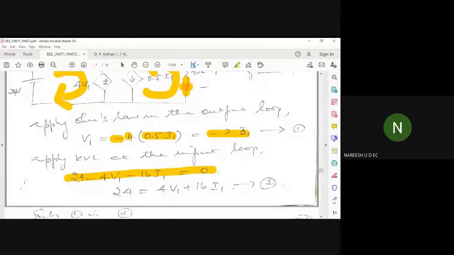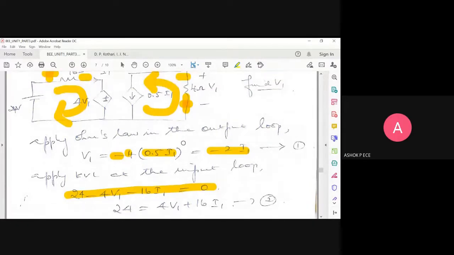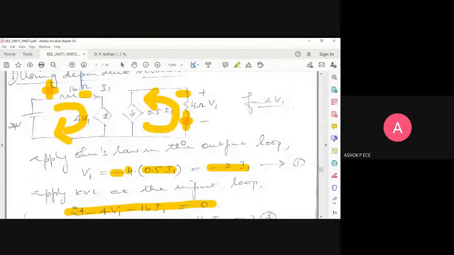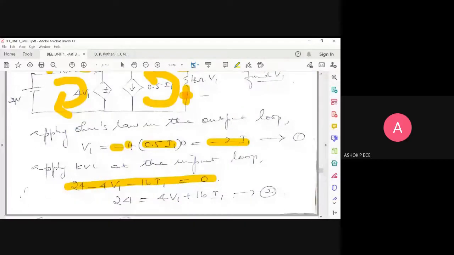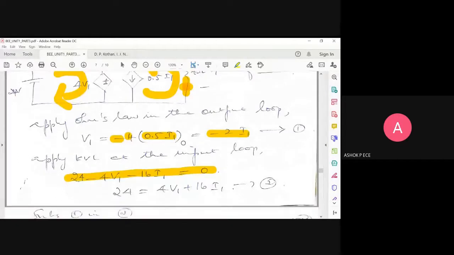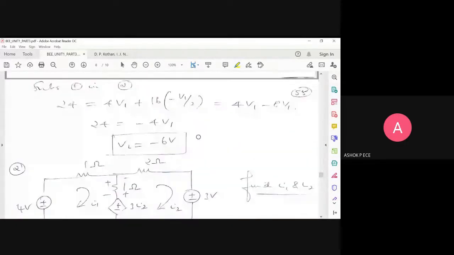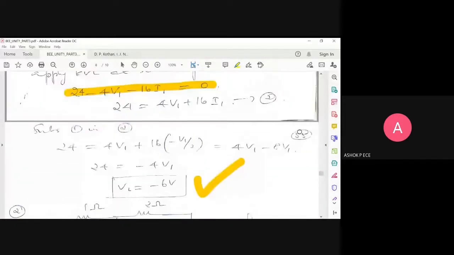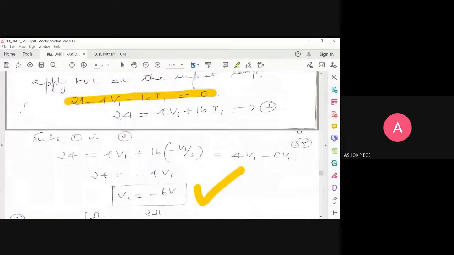Sir, I1 is 3 amperes and V1 is minus 6. I1 you need not solve. We need to find only V1. Yes, V1 is minus 6 volt. You need not solve for I1, don't waste your time. If you substitute, you will get V1 alone.